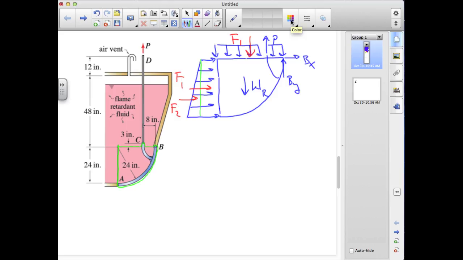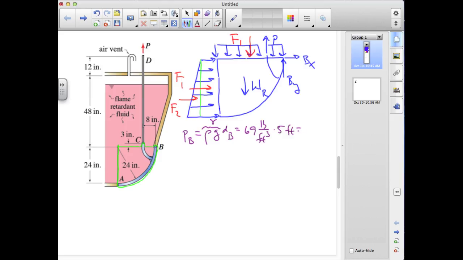So the pressure at B is equal to rho g times the depth at B, and this is the specific weight, so I have 69 pounds per cubic foot. And if I assume that I have the overpressure required to fill up this compartment so that the level of retardant reaches the bottom of the U in the air vent, then the depth at B is not 4 feet but 5 feet.